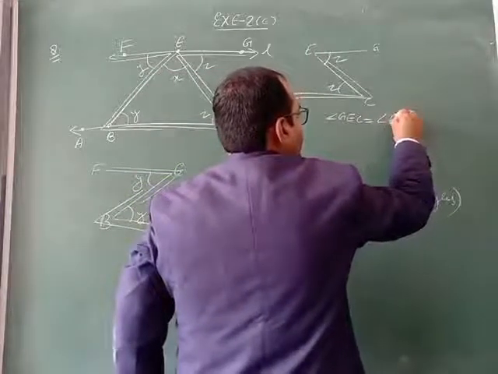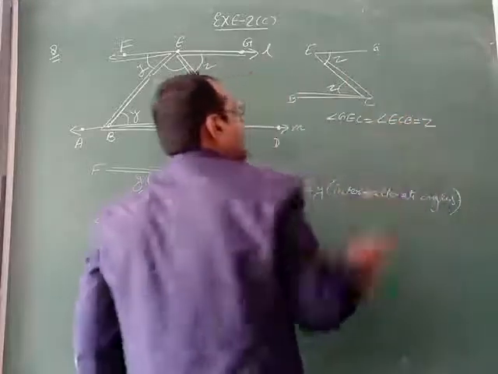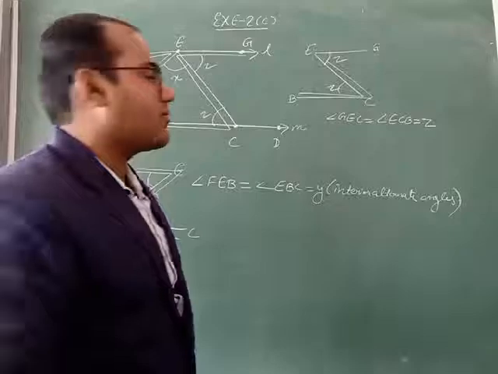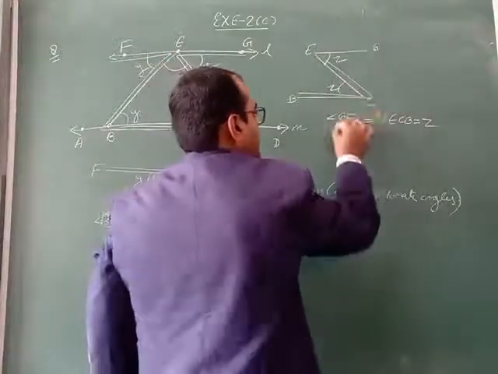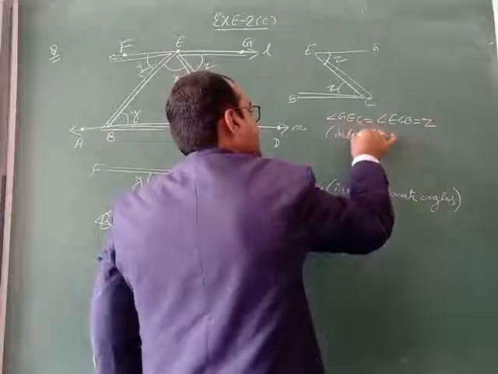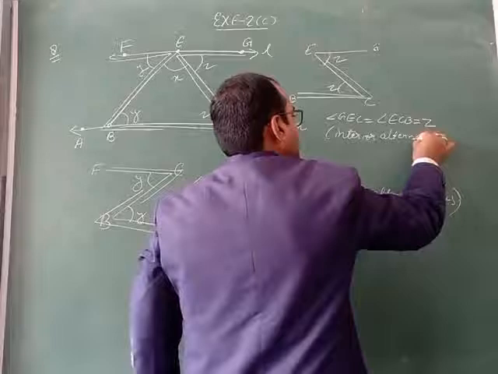Both angles will be equal to Z. The reason we are taking these two angles equal is that this is a Z shaped figure, which means these are interior alternate angles.